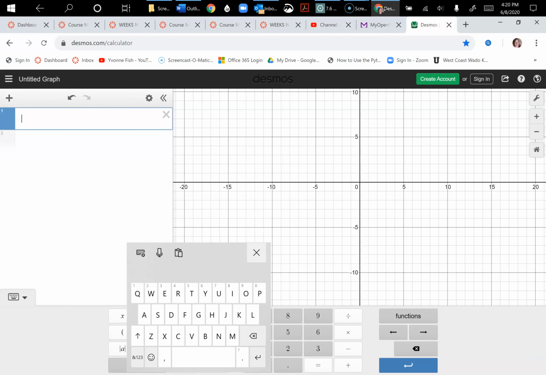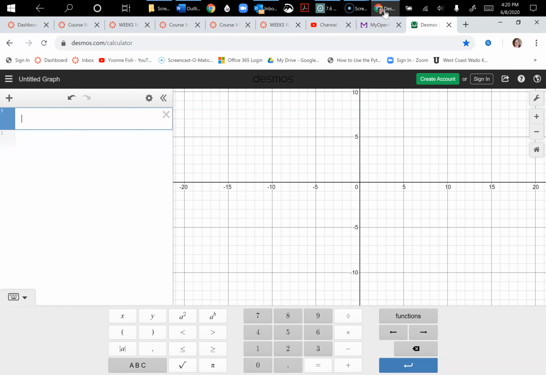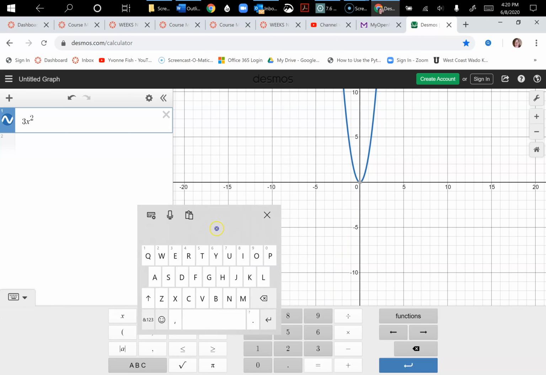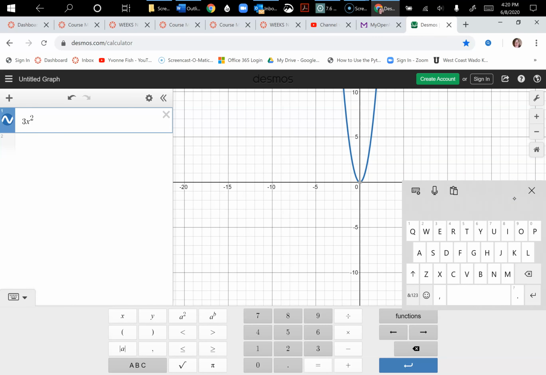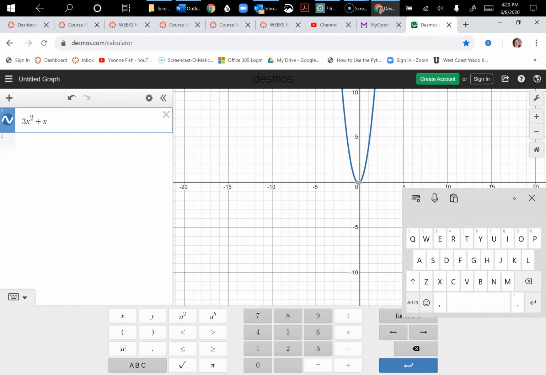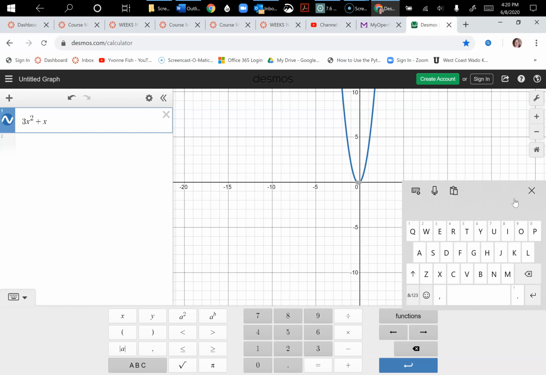You get this little palette, and you can just type in 3x squared plus x, and then minus 4.